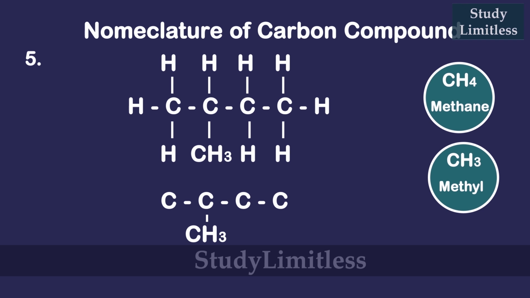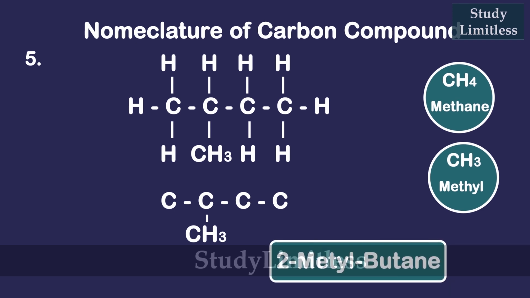As this is the second carbon atom, you denote it by 2 first, and the group that you have is a methyl group, CH3. Remember one thing, CH4 is methane, CH3 is methyl. So you have a methyl group. Hence, what you have is 2-methylbutane as your compound.